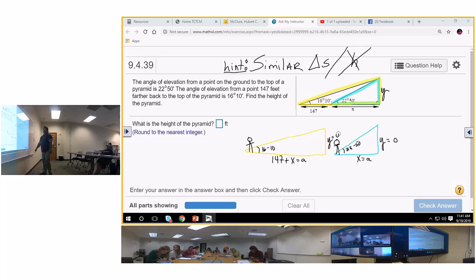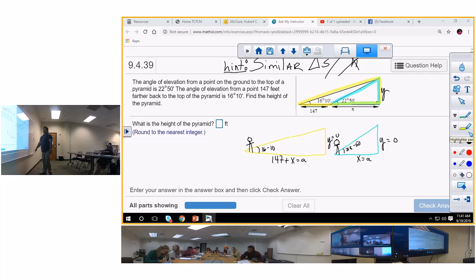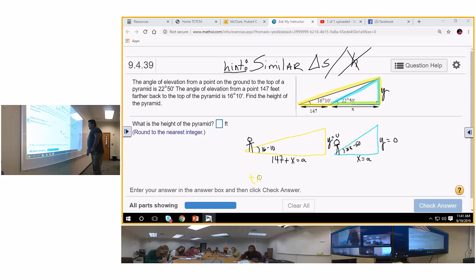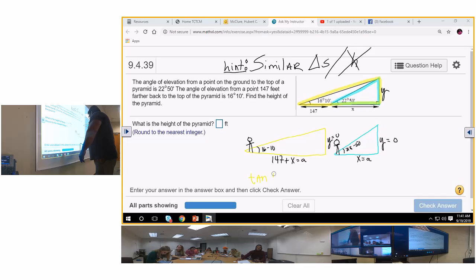So the tan for the yellow, and we'll write in yellow just to annoy people. The tan for the yellow is tan of 16 degrees 10 seconds is equal to Y over 147 plus X.